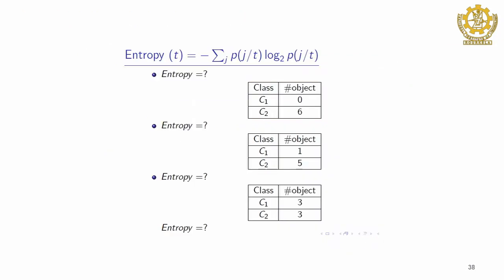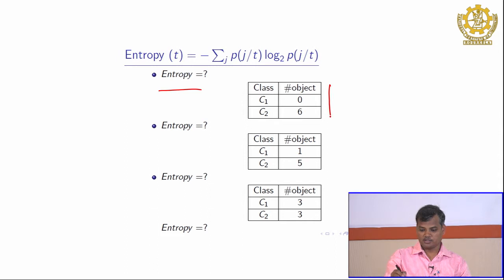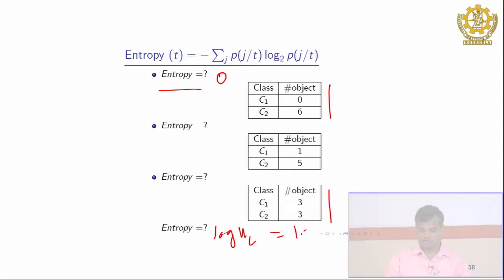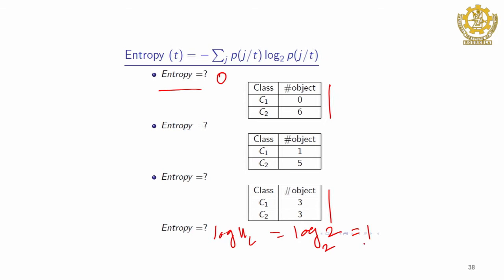Here NC is the number of classes, so it will be log 2 base 2, which is 1.